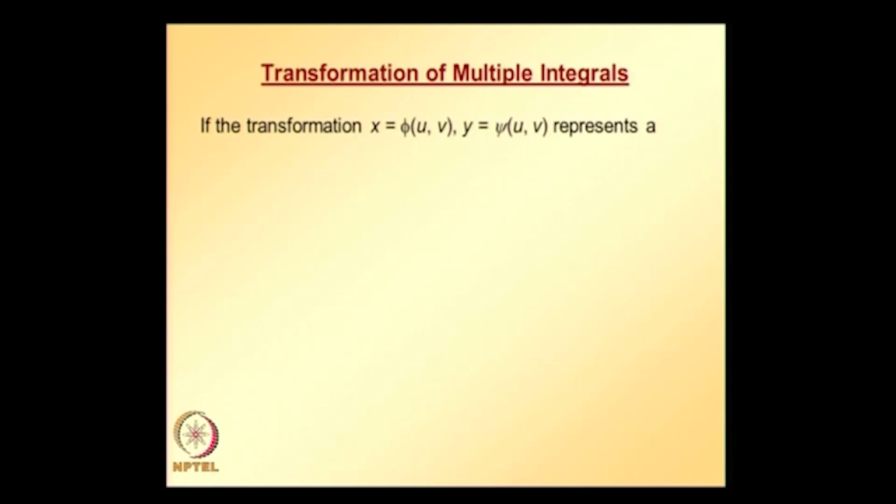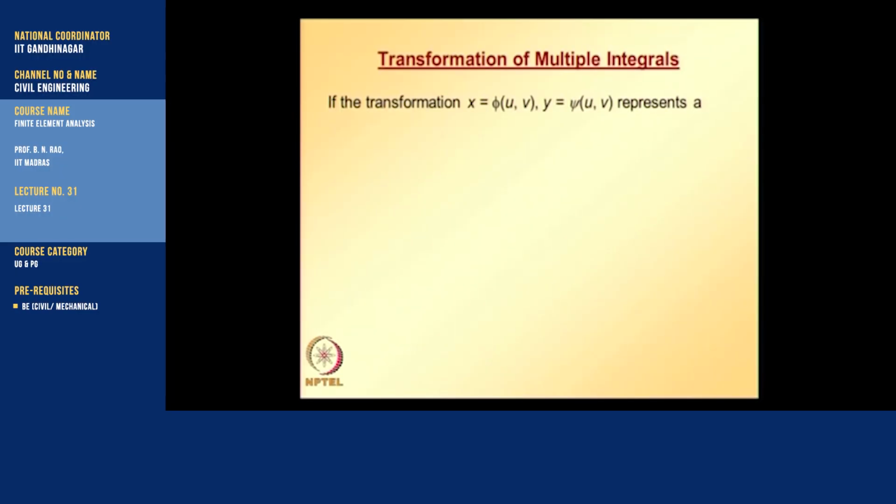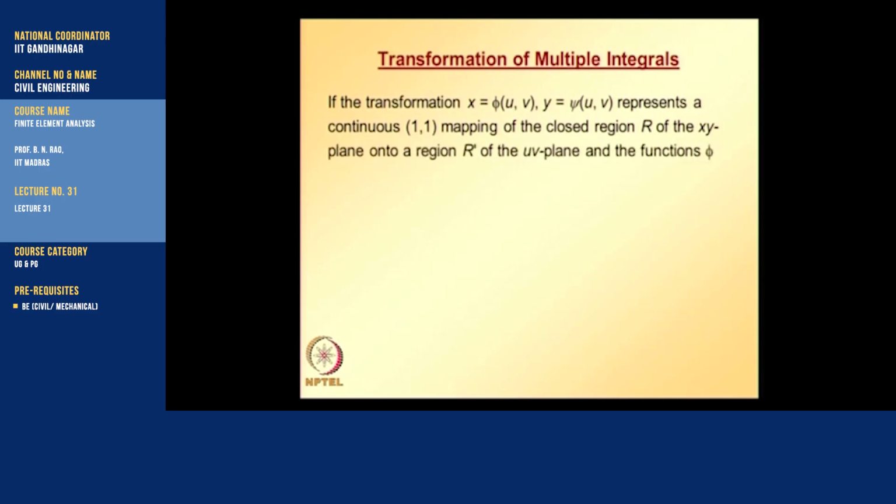If the transformation from x and y space to u and v space is like this, x is equal to phi as a function of u and v, and y is equal to psi as a function of u and v, represents a continuous one to one mapping of closed region R of the x y plane into the region R prime of the u v plane, and the functions phi and psi have continuous first derivatives.